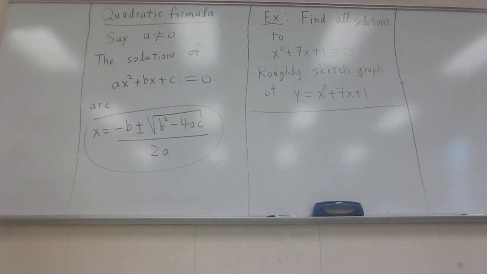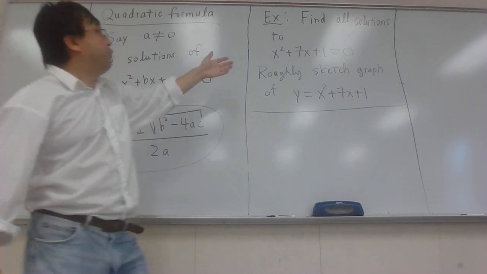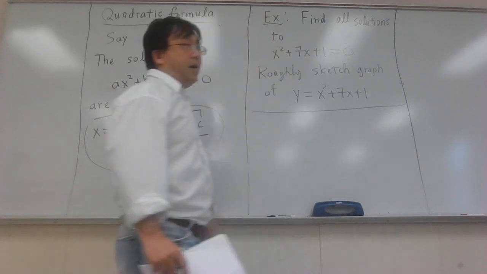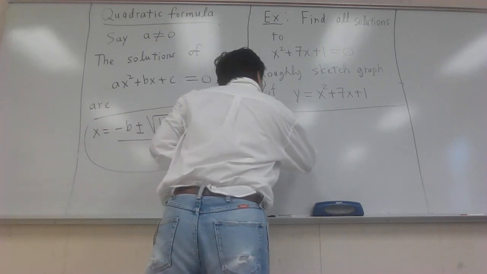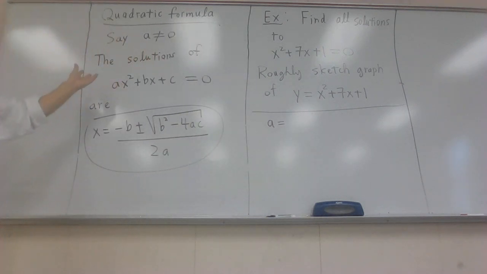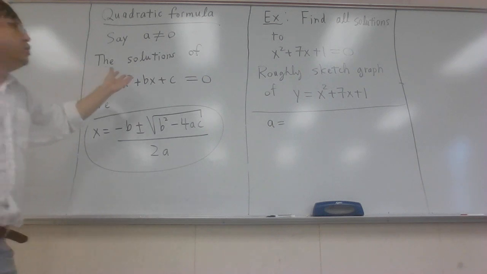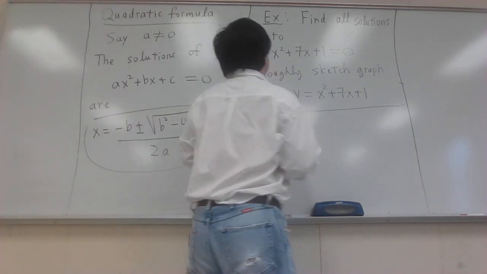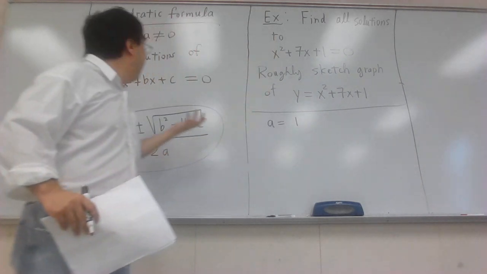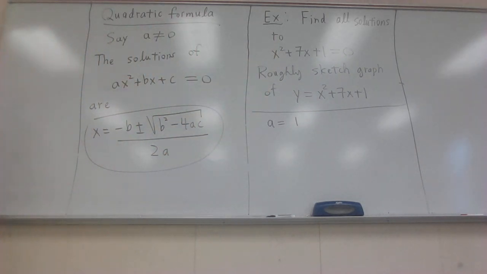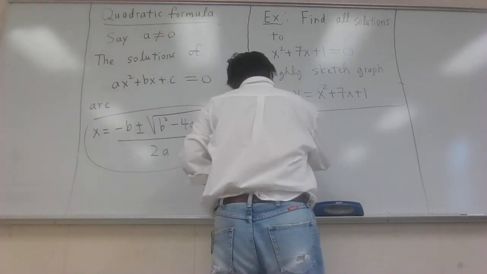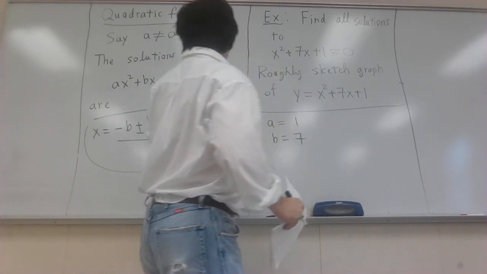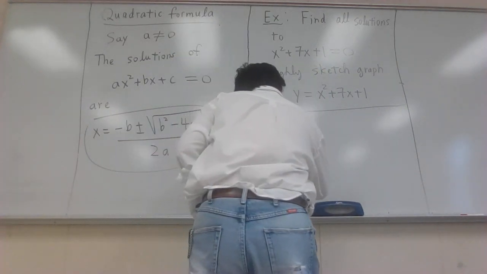To use it, we need to recognize the coefficients a, b, and c of the quadratic. a is the coefficient in front of the highest power term, so a is equal to 1, because 1 times x squared is x squared. b is the coefficient in front of the x term, so b is 7. And c is just the constant term, so c is equal to 1.